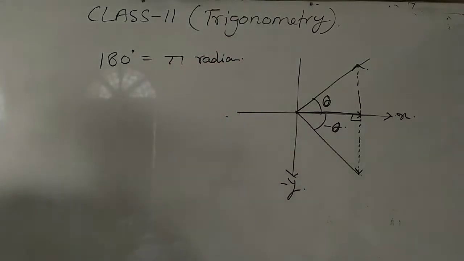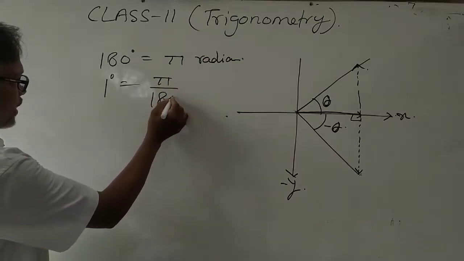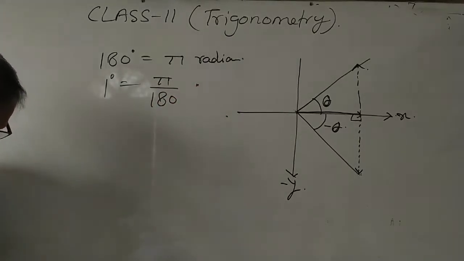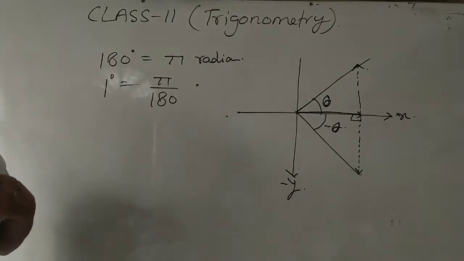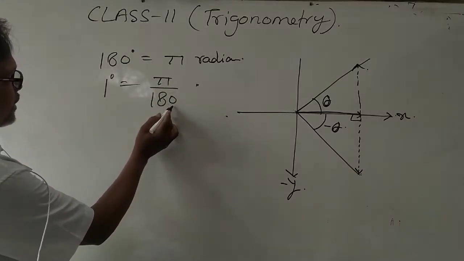This is called pi radian. 180 degree means 1 degree is equal to pi by 180 radian. One degree is equal to pi by 180 radian.